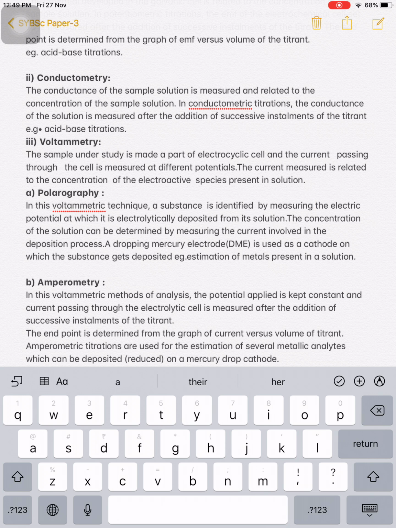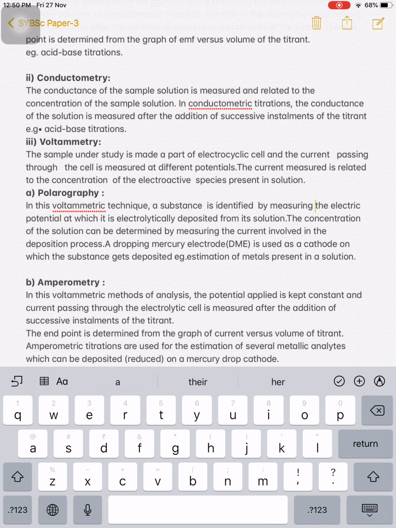The concentration of the solution can be determined by measuring the current involved in the deposition process. So at what current the component is deposited is calculated and correlated with the concentration of the solution.